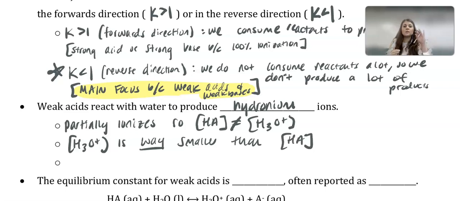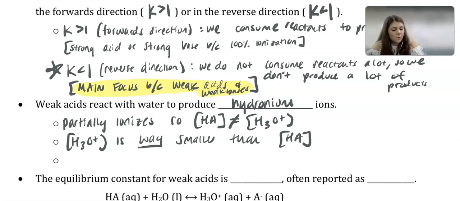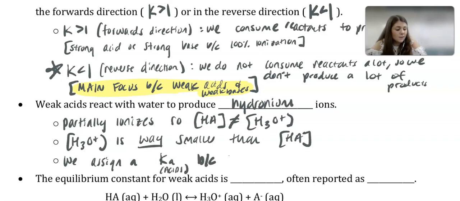Again, it's because if our acid concentration was 1 molar and it's a reactant, it's not going to be producing that many hydroniums. So the hydronium is going to be way less. A way to fix this is we assign a Ka, A being for acids, because it partially ionizes.